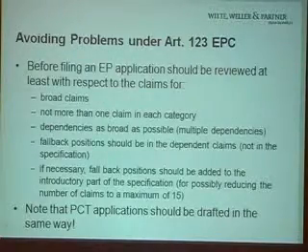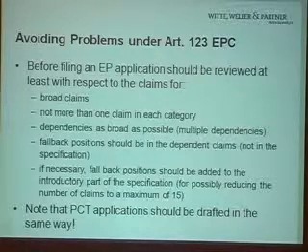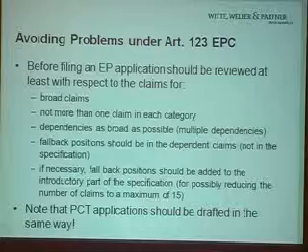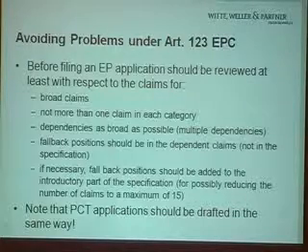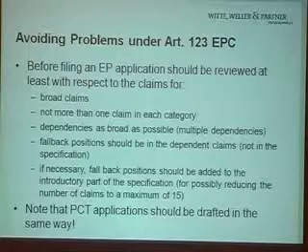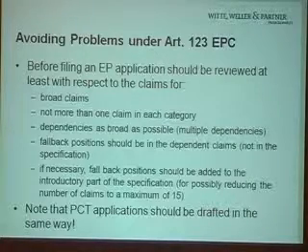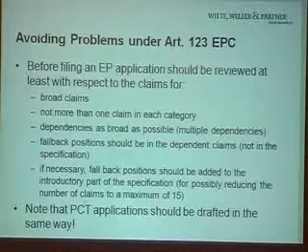So, avoiding problems before filing an EP application, the EP application should be reviewed at least with respect to the claims for broad claims, just avoiding, of course, the problems that the previous speaker pointed out.